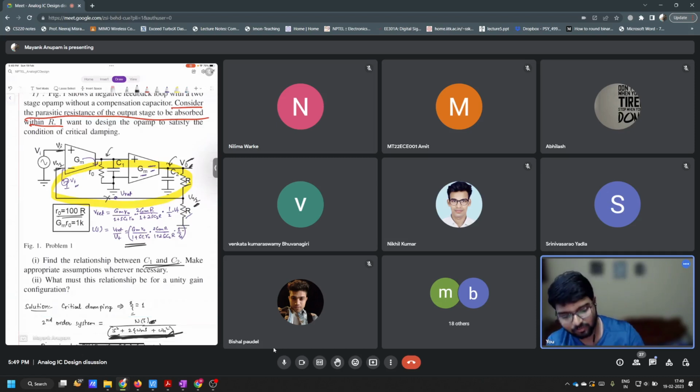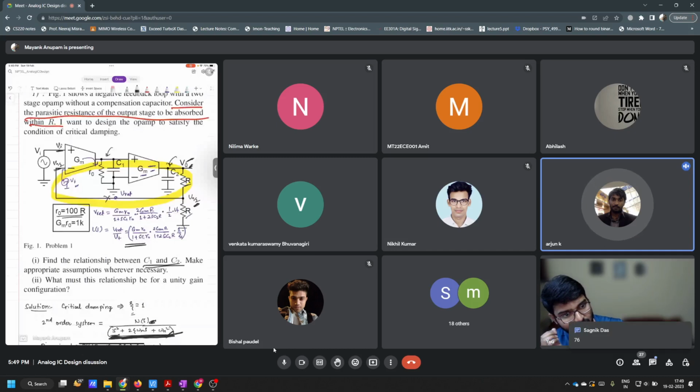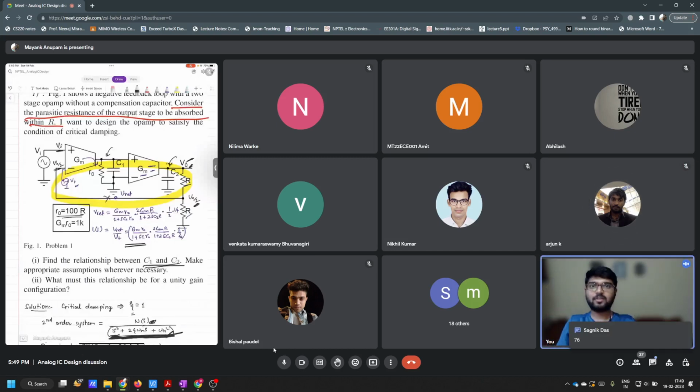It is 76 degrees. 60 degrees is the phase margin which is ensured for proper operation. Generally, while designing op amps, we ensure that the minimum phase margin is 60 degrees, but 76 degrees is the phase margin required for critical damping.